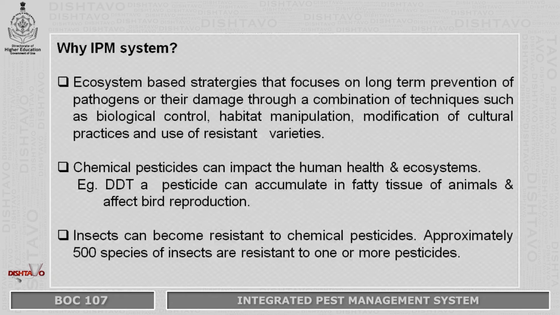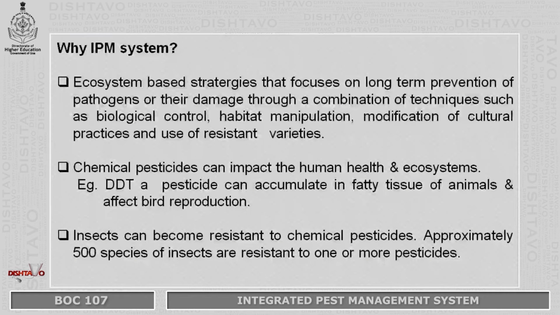One example is DDT, a pesticide which can accumulate in the fatty tissues of animals and affects bird reproduction. More than 500 species have already become resistant to this pesticide. So there is a need to develop a new system to control plant disease which includes more than one parameter.